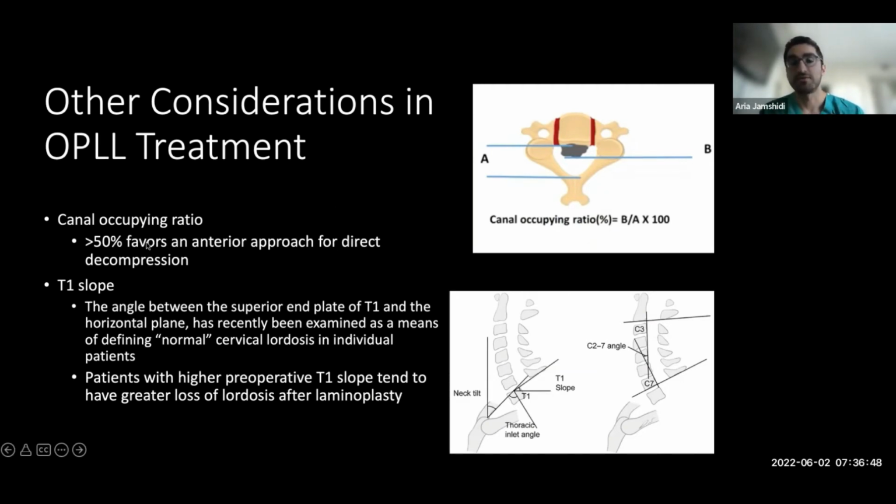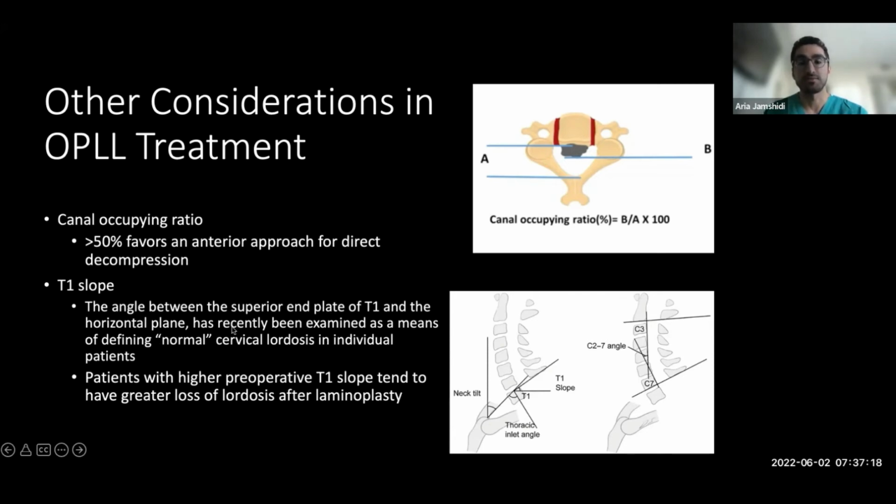Through my literature review, I found that greater than 50% of canal occupying ratio favors an anterior approach, and this is because you can directly decompress the spinal canal, and patients, in terms of their neurological recovery, their JOA scores are more improved postoperatively if you go from an anterior approach. Again, in those patients who have a large ventral ossified mass taking up more than half of the canal.